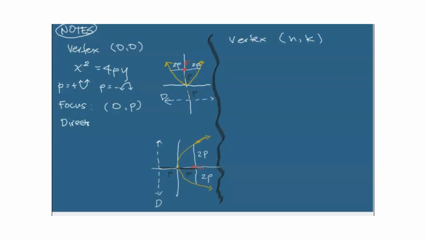So the directrix is a line, so the equation would be y is equal to negative p. Now for the latus rectum, the latus rectum is equal to 4p.